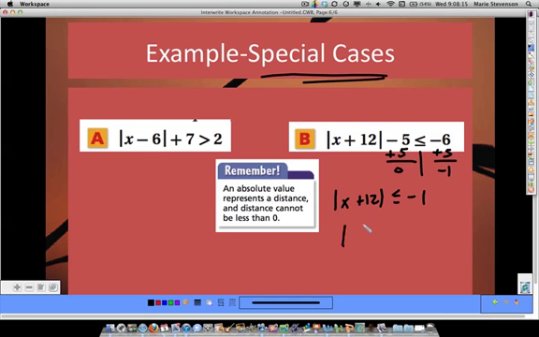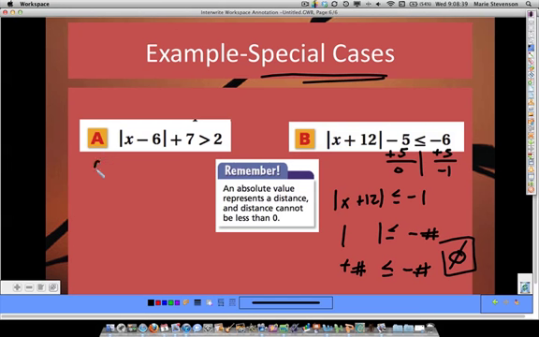This says the absolute value of something is less than a negative number. But an absolute value will always give us a positive number. So let's ask ourselves, can a positive number ever be less than or equal to a negative number? No. So our answer here is no solutions.